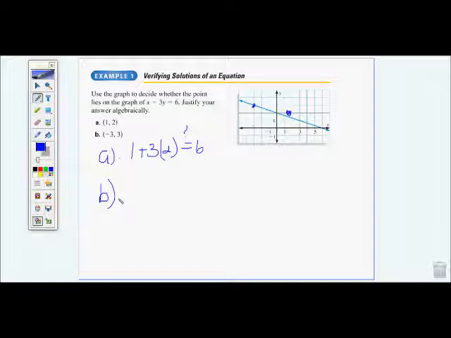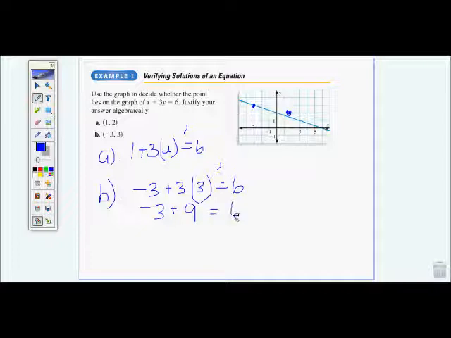Again, I would have x as negative 3, I'm going to add 3 times the value of y, which is 3, and see if that does in fact equal 6. So we'd have negative 3 plus 3 times 3 is 9, and that does equal 6. So that is a solution to the linear equation.